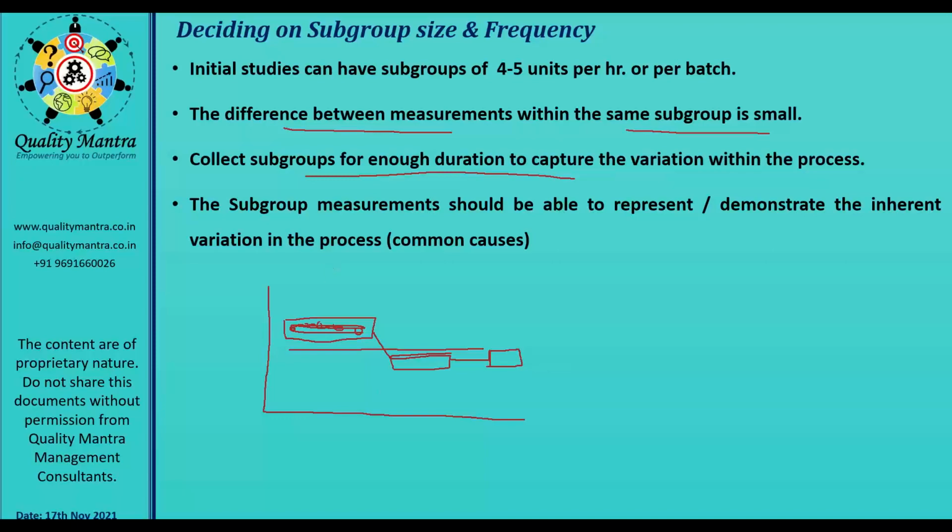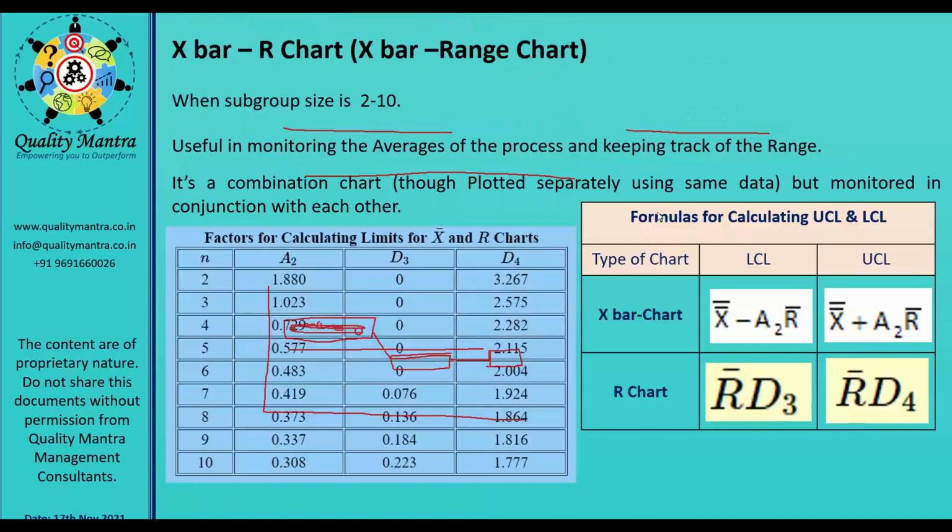Okay. Now, based on the subgroup, if the subgroup size is between 2 and 10, up to 10, you are going to use an X bar R chart. That is called the X bar range chart.